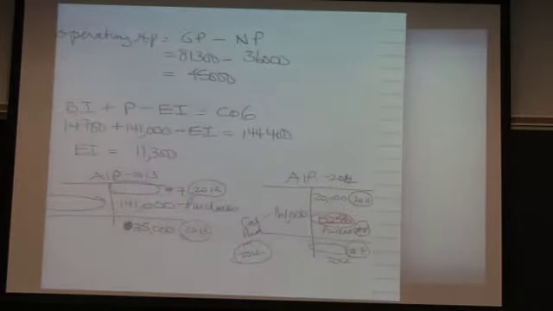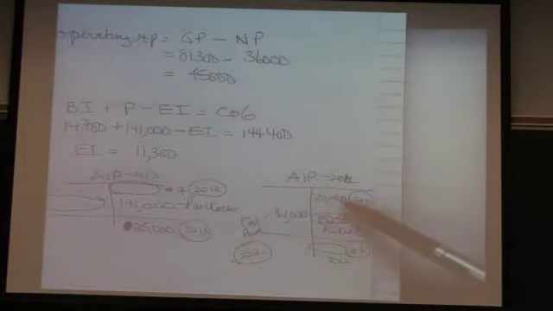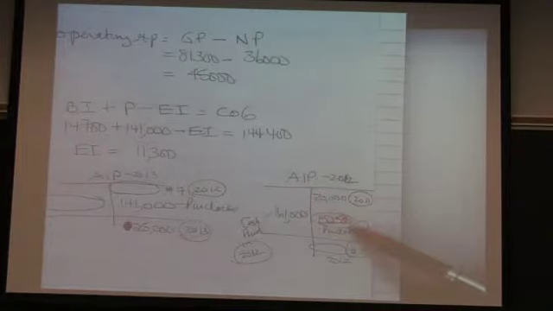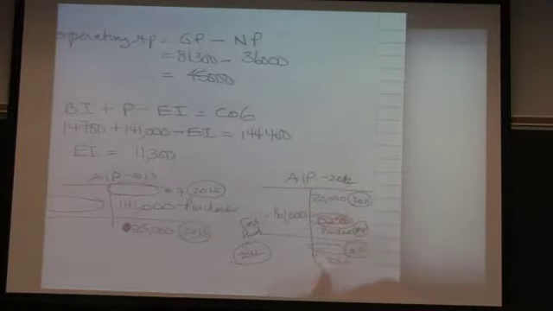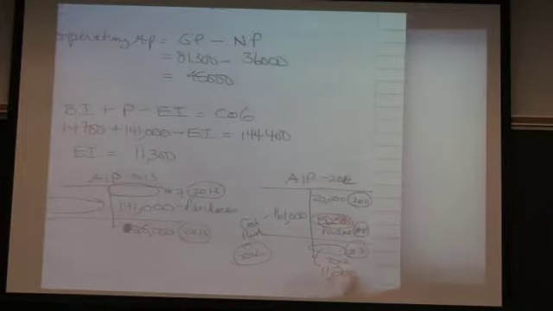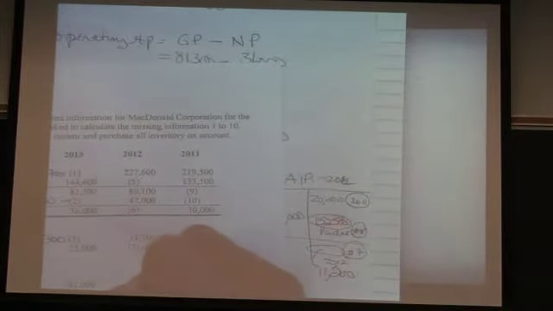So now, can I solve for number 7? So we've got the beginning of 20 plus the 152 minus the 161. This gives me 11,200. That solves number 7. So number 7 is 11,200.